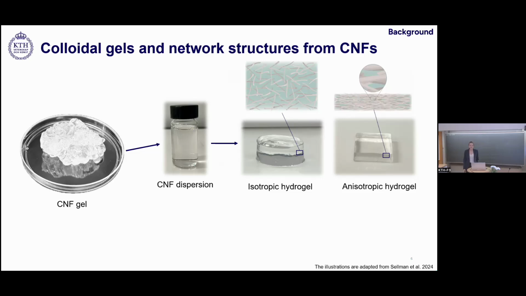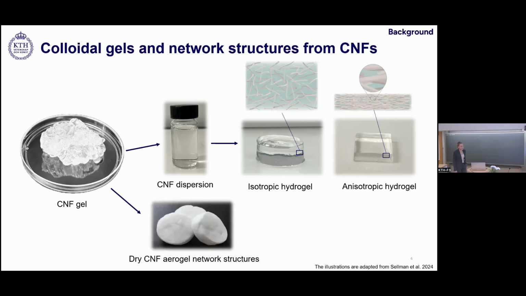And what makes the anisotropic hydrogel special is that the fibrils are aligned into planes, which allows for them to swell in one direction. If we prepare our CNF network structure at higher concentration of fibrils, we can instead create aerogels if we freeze the structure, cross-link it, and then gently dry it. And in this work, these are the 3 different types of CNF network structures we have studied.